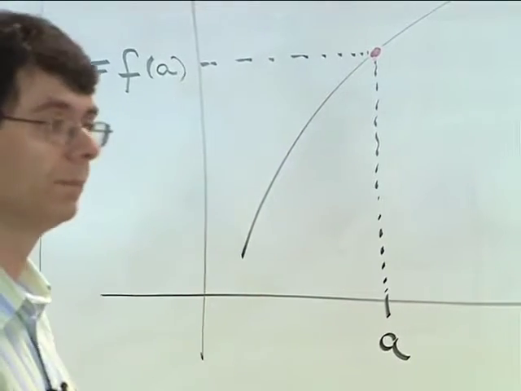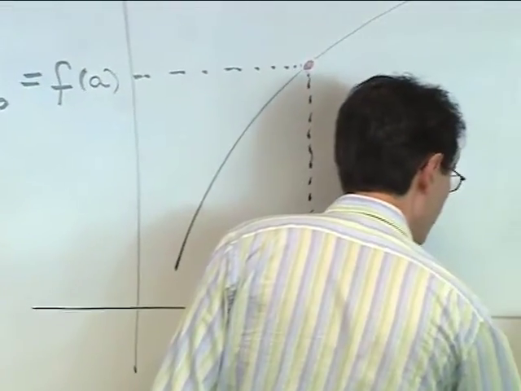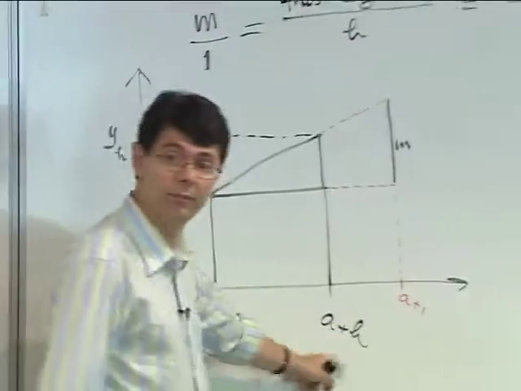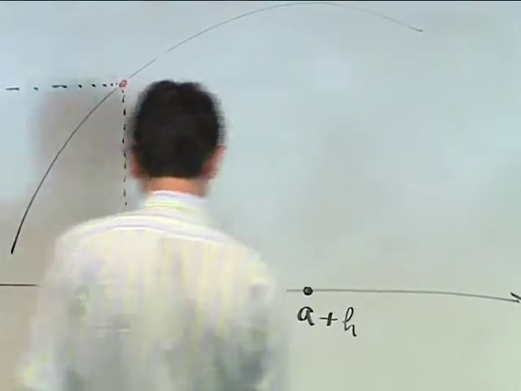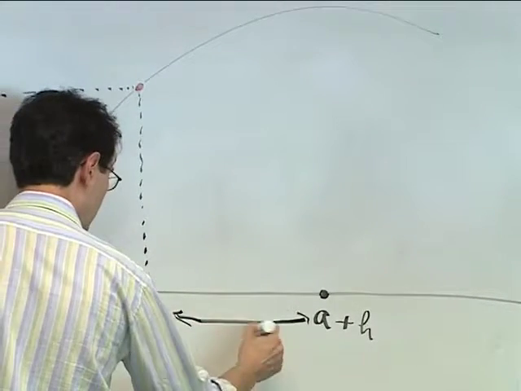All right? Now I'm going to choose another point in here. Not necessarily at distance 1, at distance h, a plus h. So this distance here is h.